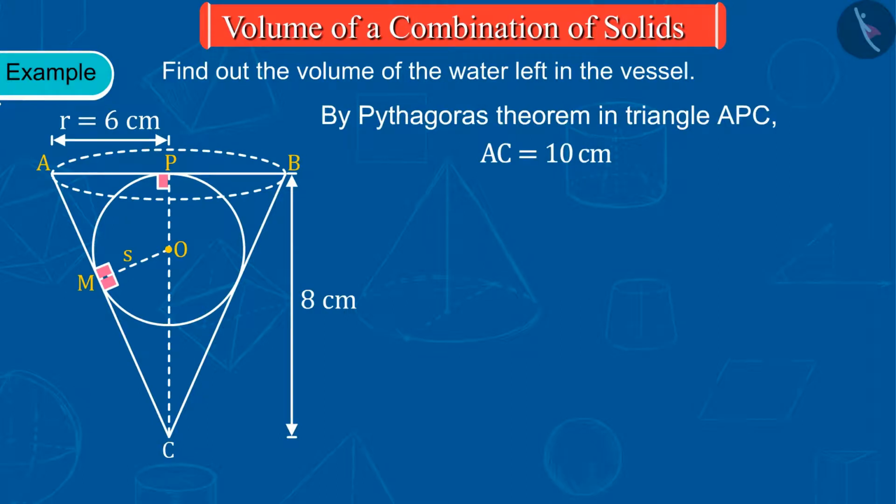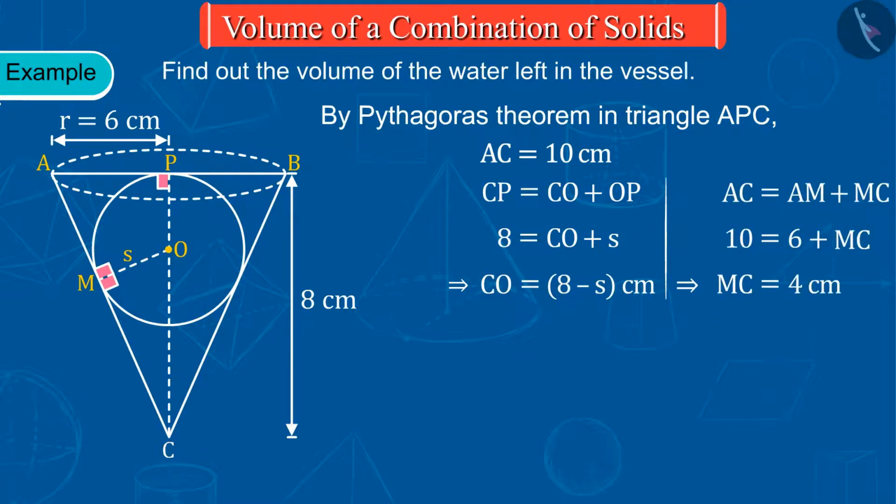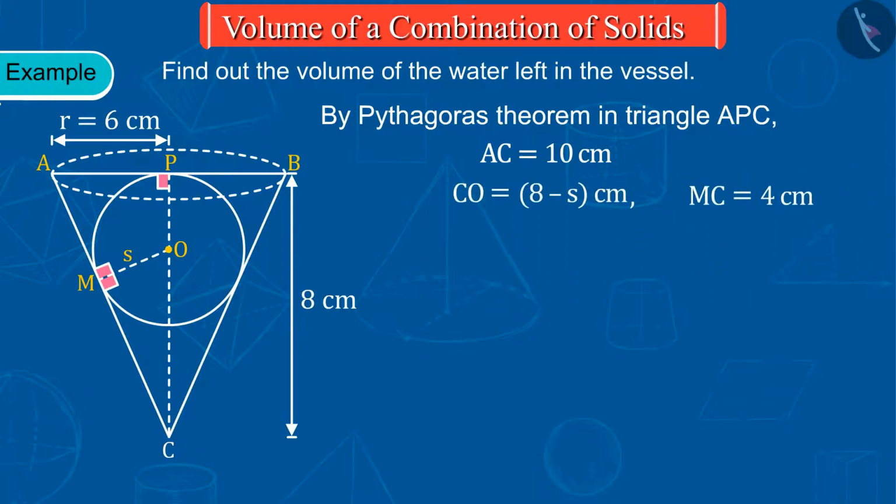Also, from the figure, we can say that CP is equal to the sum of CO and OP, from which we get CO equals to 8 minus S. In the same manner, from the figure we get MC equals to 4 centimeters.